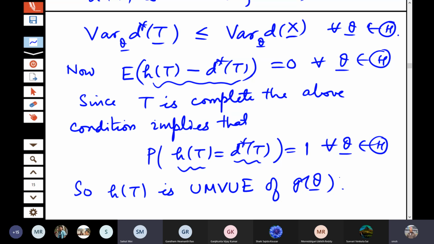We have shown that if it is attained, the other parameters for which it will be attained are only linear functions of that. For non-linear functions, it will not be.